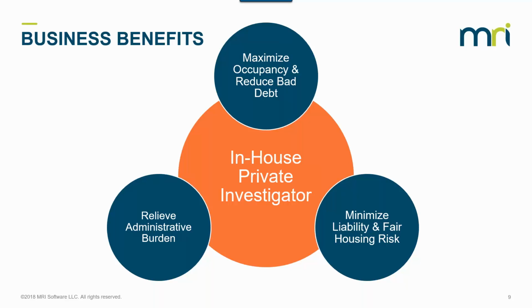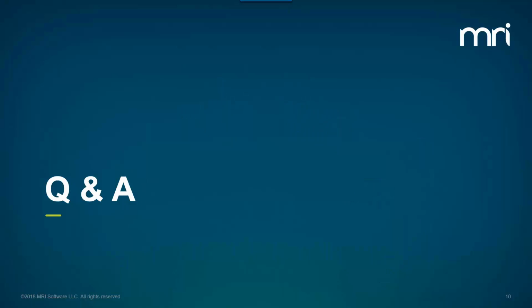But having the team individually review the criminal background check and ensuring it meets the proper criteria is going to ensure that you're minimizing your liability and your fair housing risk, and that's going to combine together to ensure that you've maximized your occupancy, and if you include credit check as part of your background screening, also reduce your bad debt. So with that said, I'm going to turn it back over to Andy for our question and answer session.